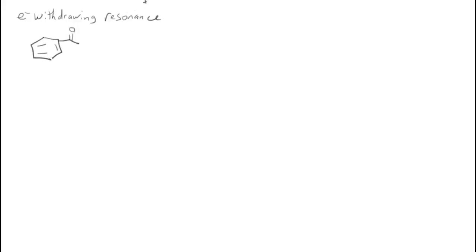So let's look at an example that has electron withdrawing resonance. So if I have a carbonyl next to a ring, there's a resonance structure I can draw of a carbonyl. That puts a positive charge next to the ring. So now if I have a positive charge next to the ring, one way that I can get rid of that positive charge is to move electrons from the ring out to get rid of the positive charge.